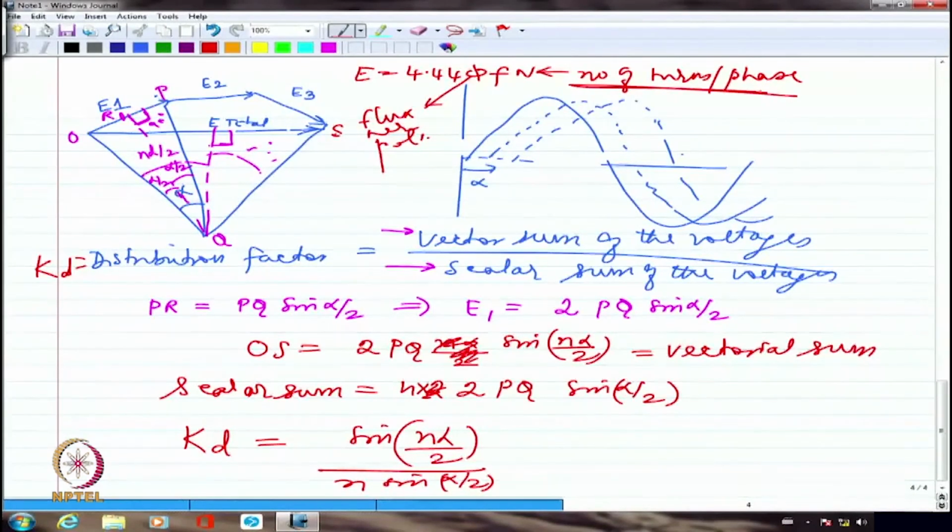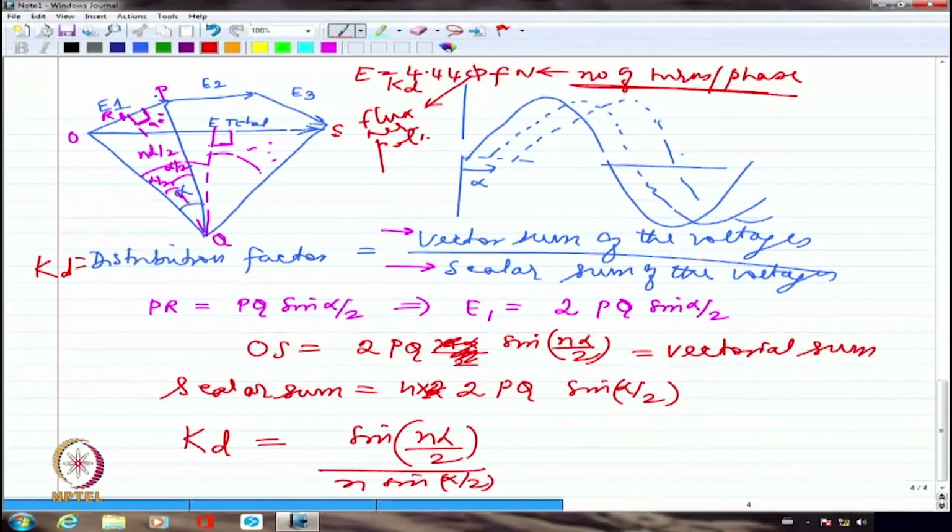So all of them are ultimately added together, clearly because I assume that all of them are connected in series. And I'm going to have this multiplied by KD, where KD is the distribution factor, because we assumed that all of them are located in the same slot. That's why we simply multiplied them by n. But they are not located in the same slot, they are located in adjacent slots.